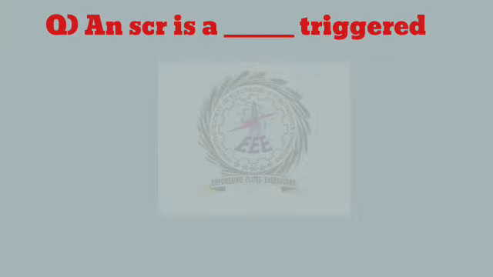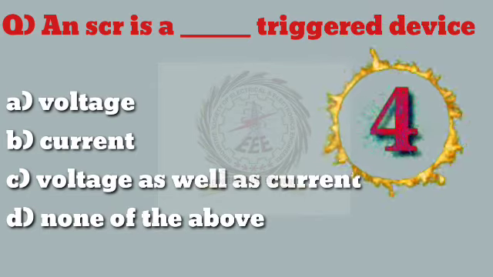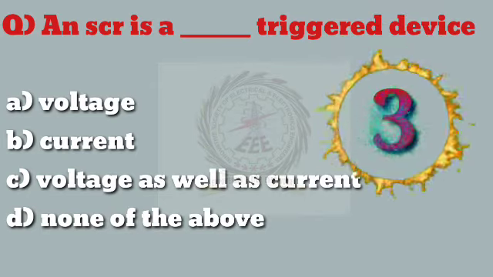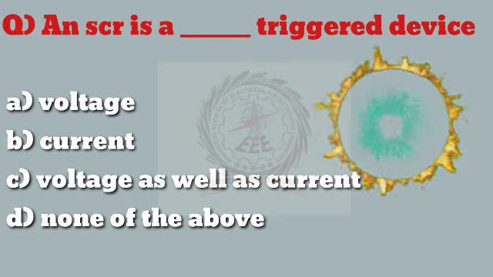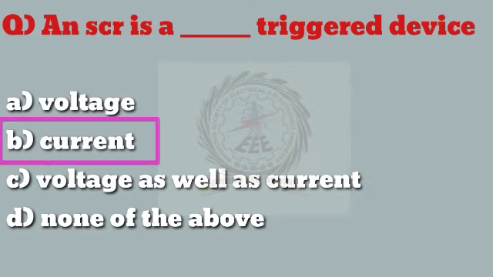Next is, an SCR is a dash triggered device. A, voltage; B, current; C, voltage as well as current; D, none of the above. The answer is B, current controlled device or current triggered device.